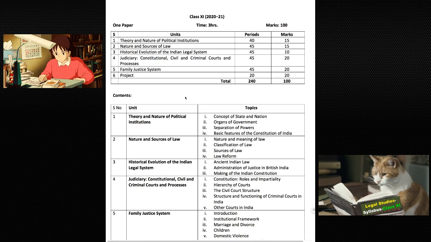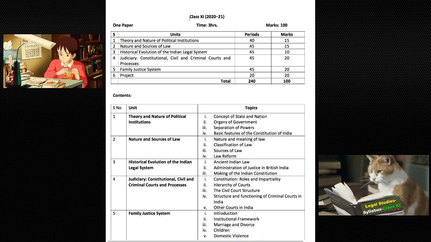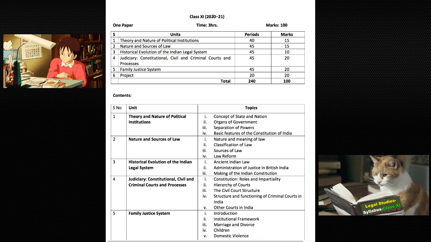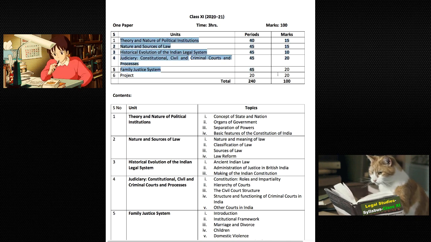Now come to our syllabus. As we know, in many of these subjects CBSE has changed the syllabus, but as we can see here, that is 2021, in this syllabus there is as such no change.